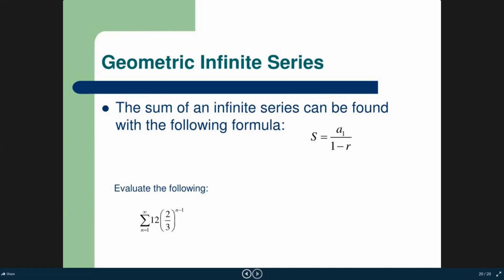Here you're talking about an infinite series where the common ratio might very well be less than 1. That's the series there. That's a formula for it. It works out to be the first term over 1 minus r.